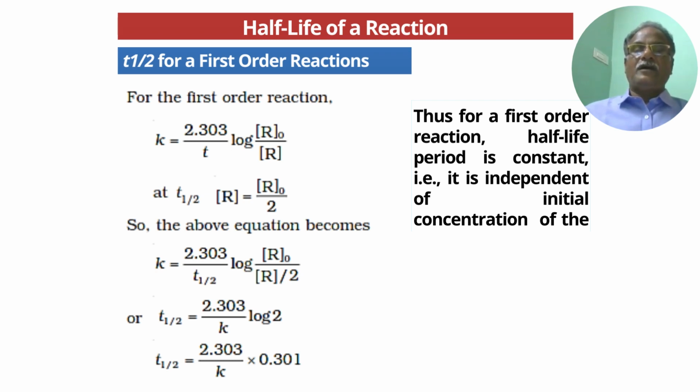Here, half life for a first order reaction is derived. Thus, for a first order reaction, half life period is constant. It does not depend upon the initial concentration of the reactants.